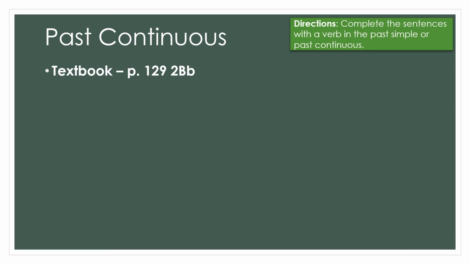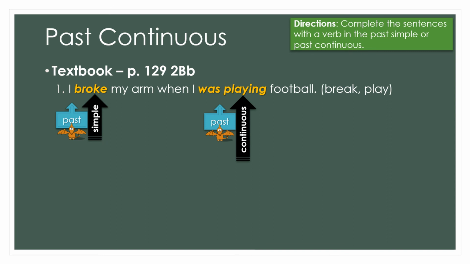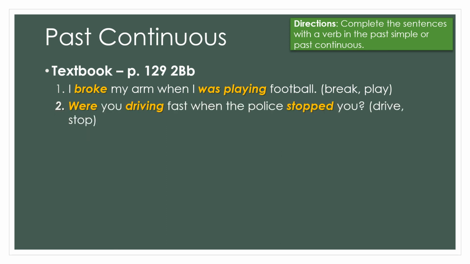Let's work on the answers together. Number 1, I broke my arm when I was playing football. Broke is past simple and was playing is past continuous. Number 2, were you driving fast when the police stopped you?